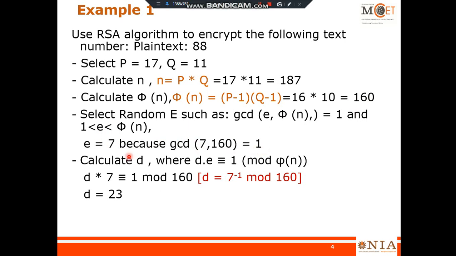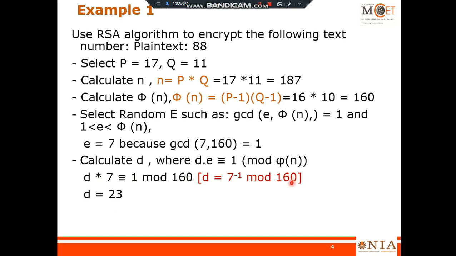Once you have the value of E, you can easily calculate D using this equation. Instead of E, you will substitute 7. So D multiplied by 7 is congruent to 1 mod 160. D will be equal to 7 inverse mod 160.